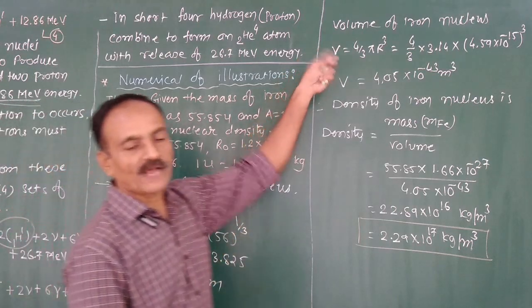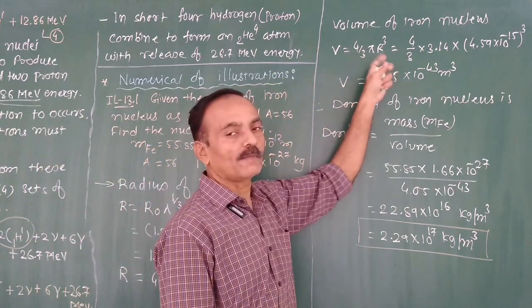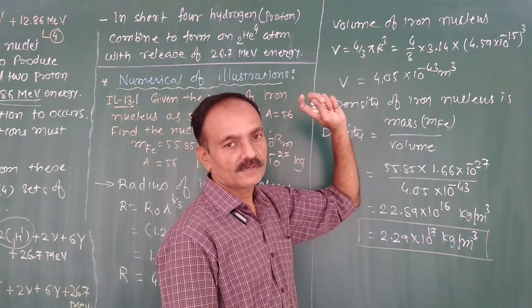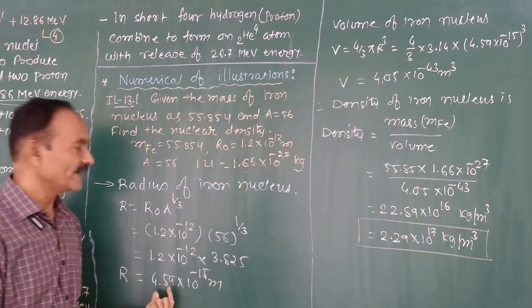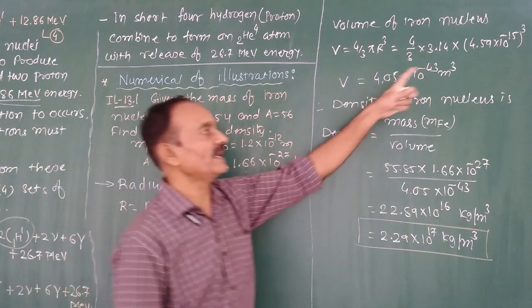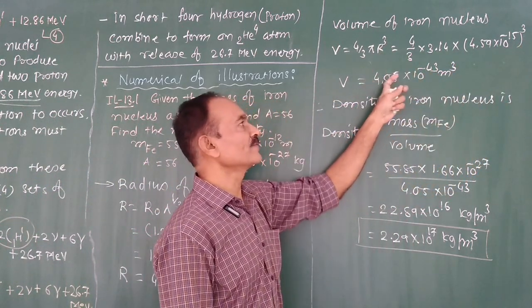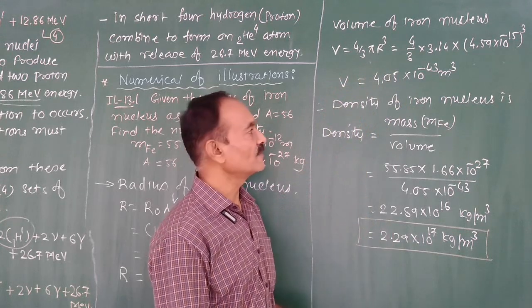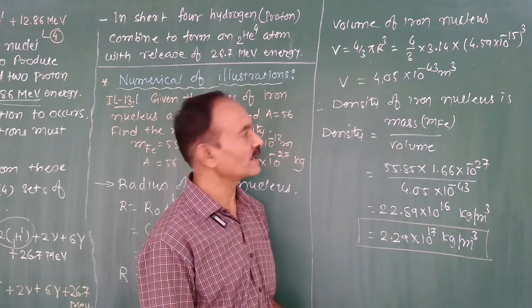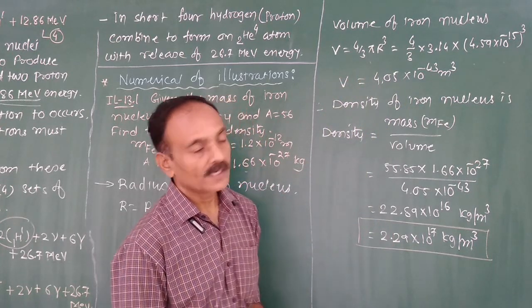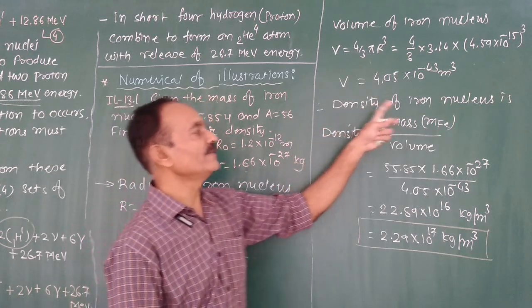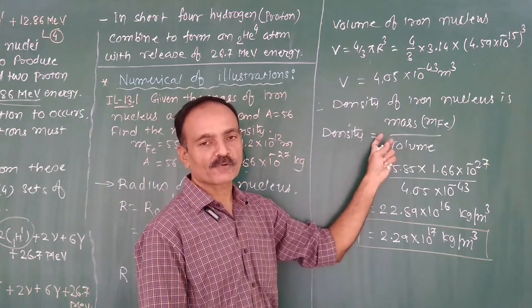Now, the volume of the iron nucleus V is equal to 4 by 3 pi r cube. Here we substitute the value of radius, this 4.59 into 10 raised to minus 15. So volume of the iron nucleus is 4.05 into 10 raised to minus 43 meter cube. Now the density of iron nucleus is mass upon volume.